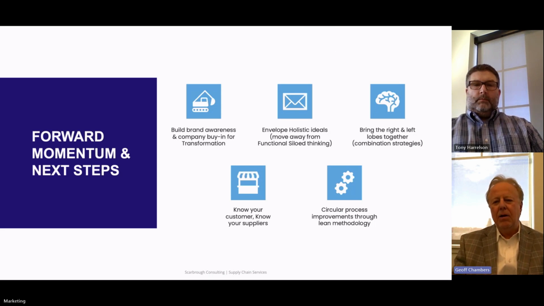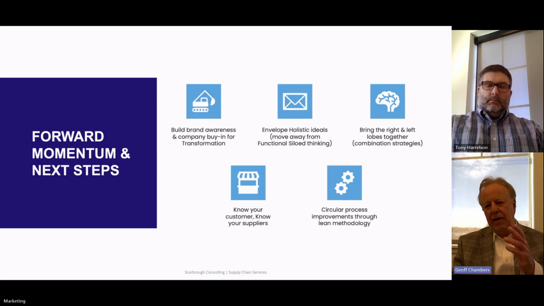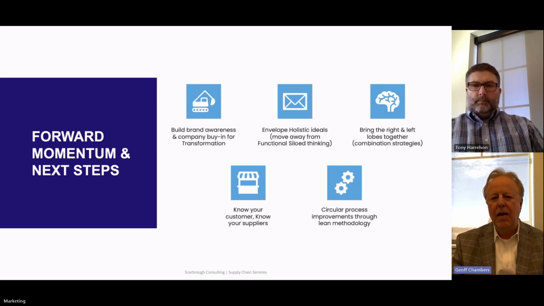You're enveloping holistic ideas, moving completely away from any type of functional siloed thinking, and then building your brand awareness and company buy-in for transformation. So that's the importance of having key leaders within each business unit and or department that share that buy-in, that share that vision, that share that implementation process along with those KPIs.